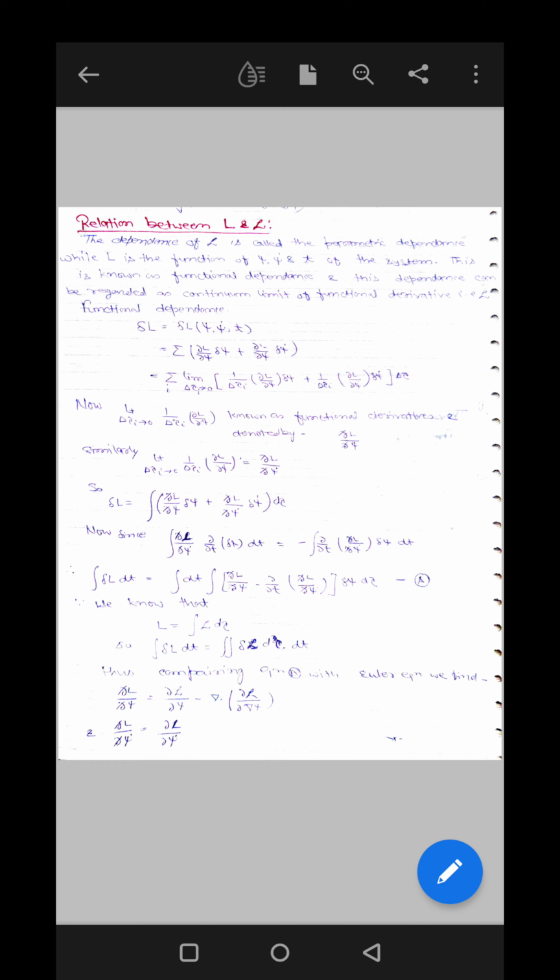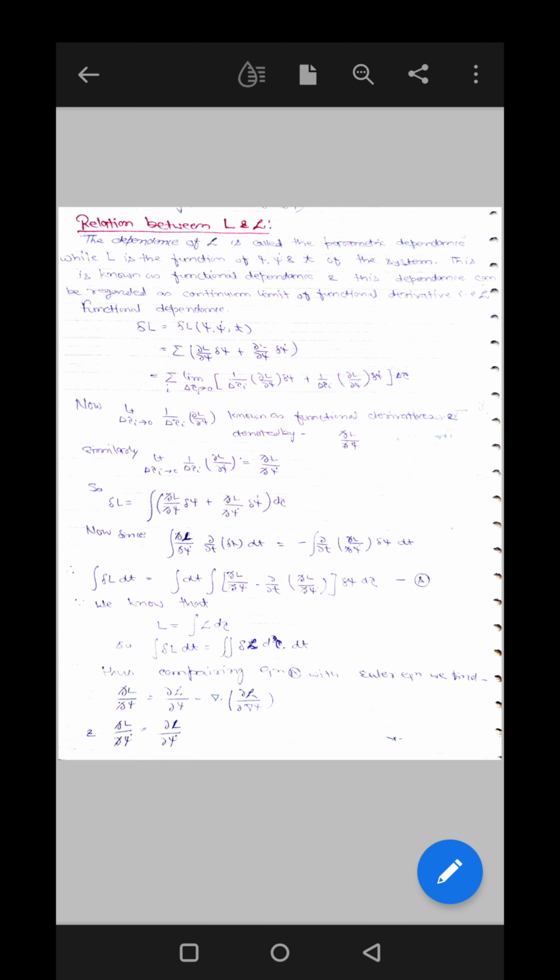Therefore, we can write the integral of delta L dt equals the integration over dt and the integration of del cross L over del cross psi minus del over del t of del cross L over del cross psi dot, delta psi d tau.